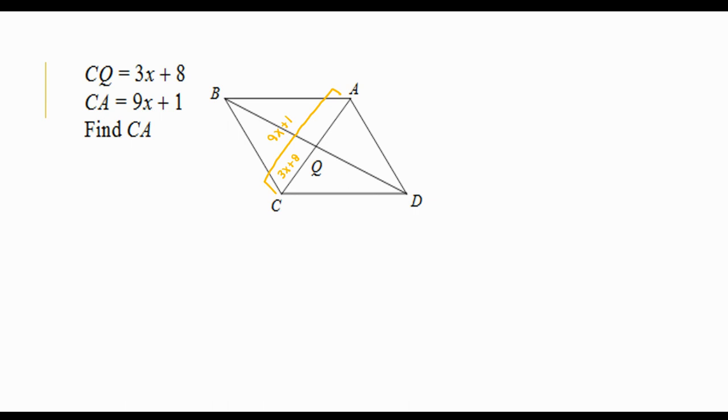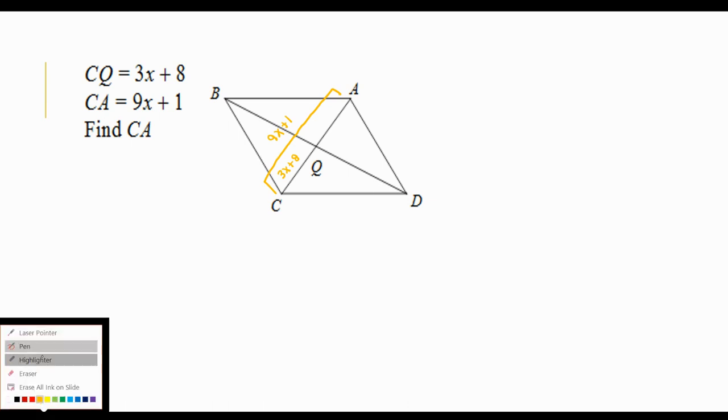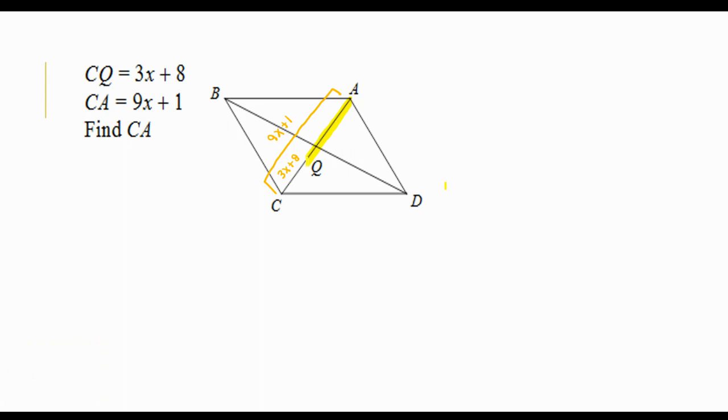Well, hopefully we notice that what they're giving us is one diagonal and then a portion of the diagonal. But hopefully we notice that because we're dealing with this diagonal, our only property is that the diagonals bisect each other. So that means that in this picture, the diagonal of BD is bisecting the diagonal of CA.